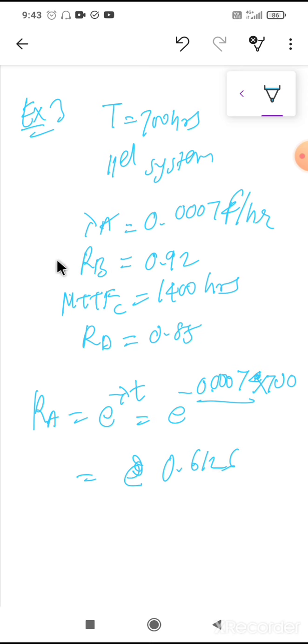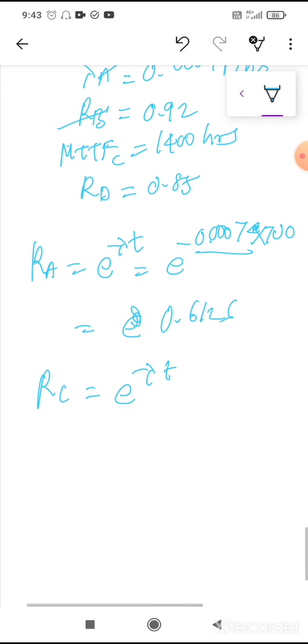Now reliability of B is given. Now for C, we need to find the reliability of C, that is e raised to minus lambda t. But we don't have lambda here, we have MTTF, that is mean time to failure.